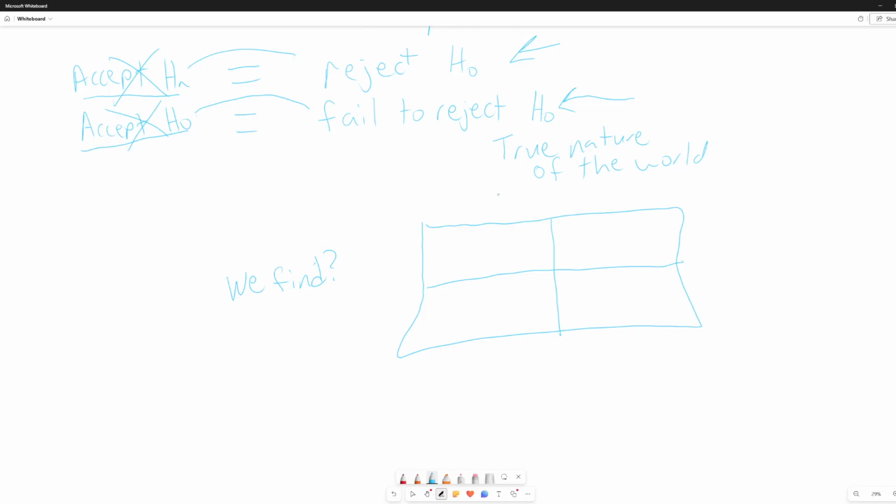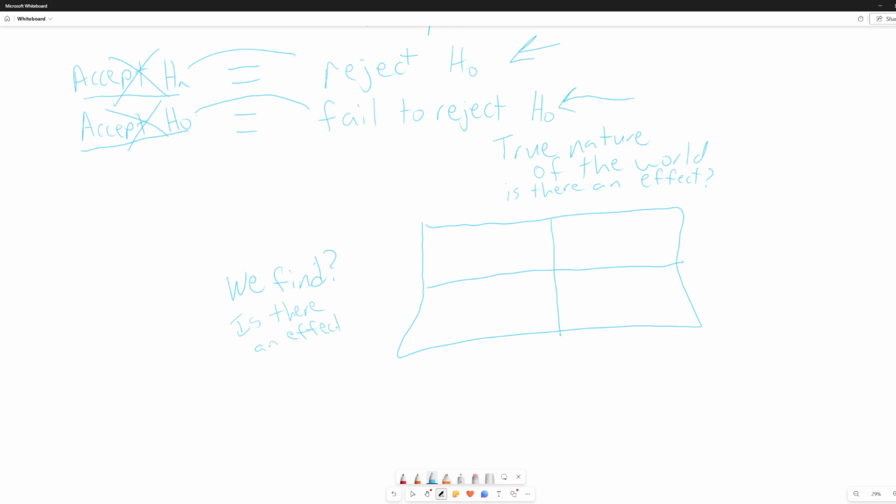Now, whenever we are thinking about drawing conclusions from a study, we hope that the results from our study match what's actually true about the world. But this is asking, is there a significant effect in the real world? Is there an effect? And is there an effect?